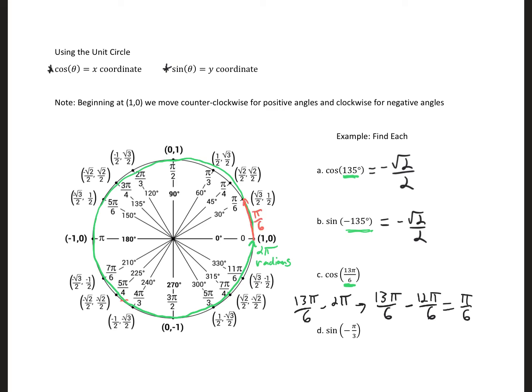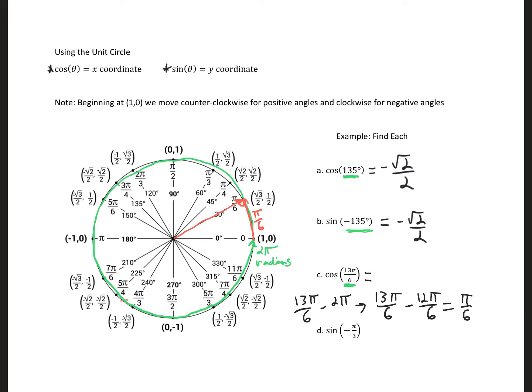So 2 pi and then an additional pi over 6. So I really want to know this angle here would be 13 pi over 6. 1 time around plus pi over 6.